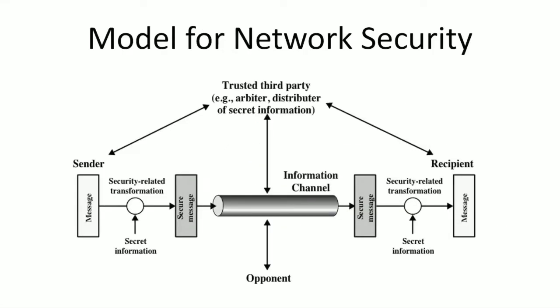Let's now look at two general models for network security. A model for what we will be discussing in this course is captured in a very general term in this figure. Here, a message is to be transmitted from one party to another across some sort of internet service.